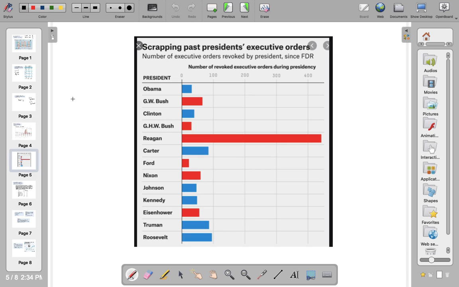Okay, now think about a bill that becomes a law. Let's think about the Affordable Care Act that Obama passed, the health care bill. After the Republicans took the presidency in 2016, Trump, and they also had both houses of Congress, they still were not able to repeal this bill. Because what do you need to do to repeal a bill that has become a law?